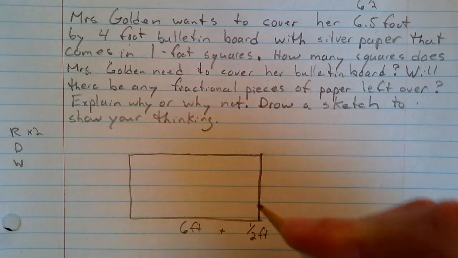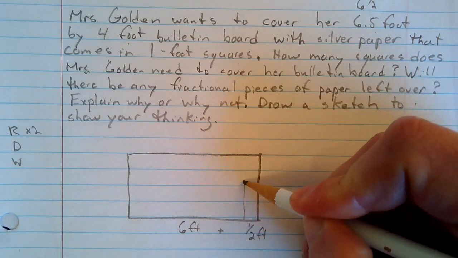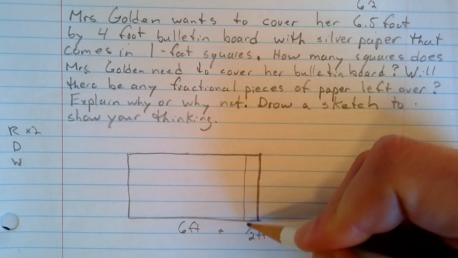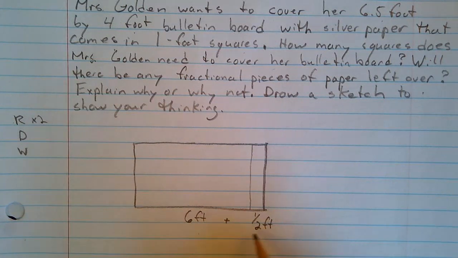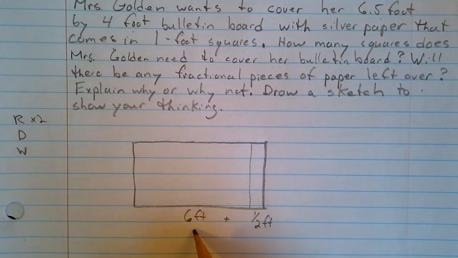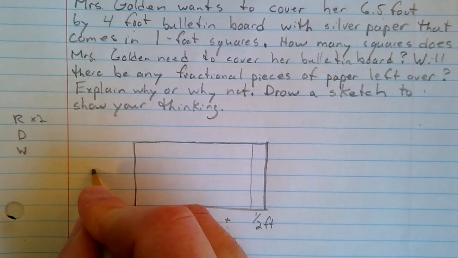You might remember when we did this. So I'm going to draw a line, and this is just my 1/2 foot on the bulletin board. So this is 6.5 feet total, but I'm just breaking it, or decomposing it, into 6 feet plus a 1/2 foot. And then here is 4 feet.